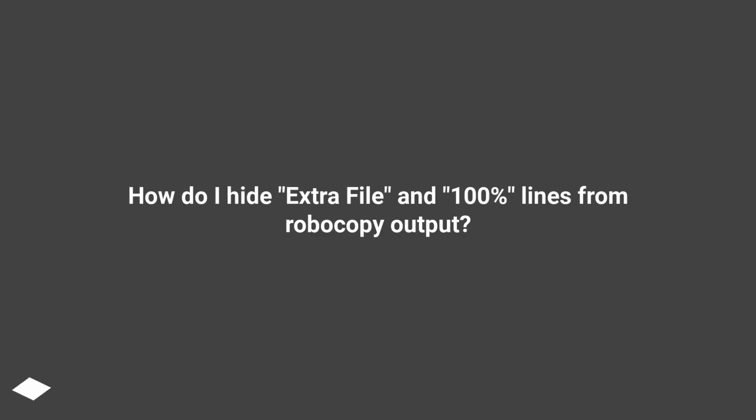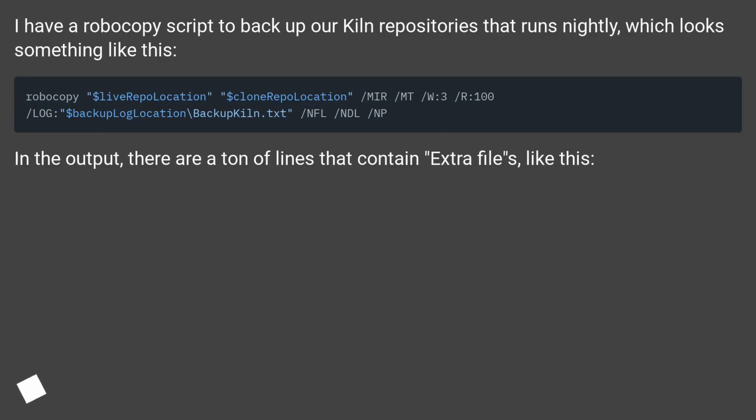How do I hide extra file and 100% lines from robocopy output? I have a robocopy script to back up our Kiln repositories that runs nightly, which looks something like this.